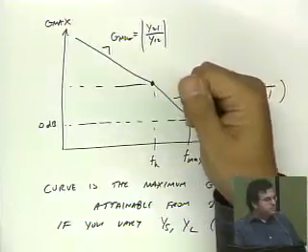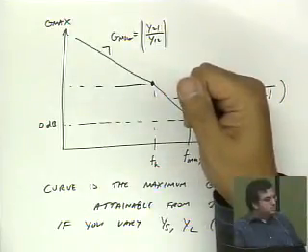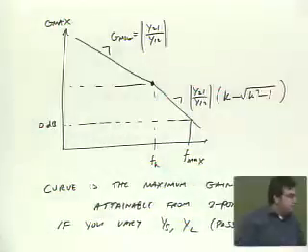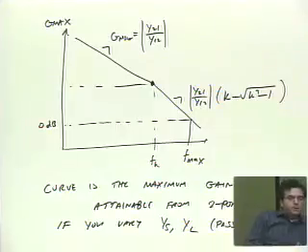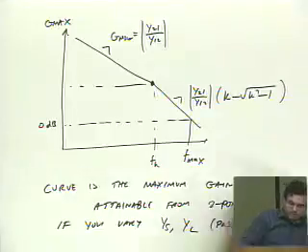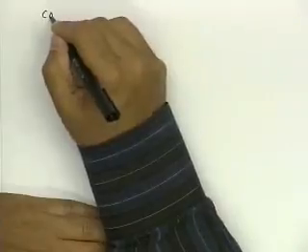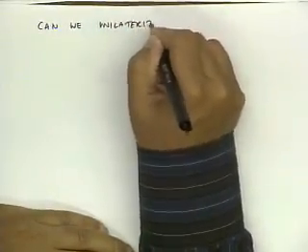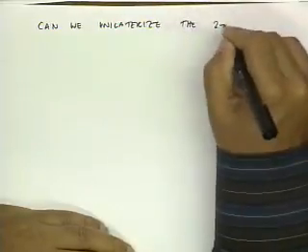Are we allowed to use passive elements? Yes, you're allowed to use any passive elements. Okay, yeah, that's right. So up to now, we haven't used feedback, right? We haven't allowed for the possibility of putting feedback around the amplifier. So the idea is, can we unilateralize the two-port?